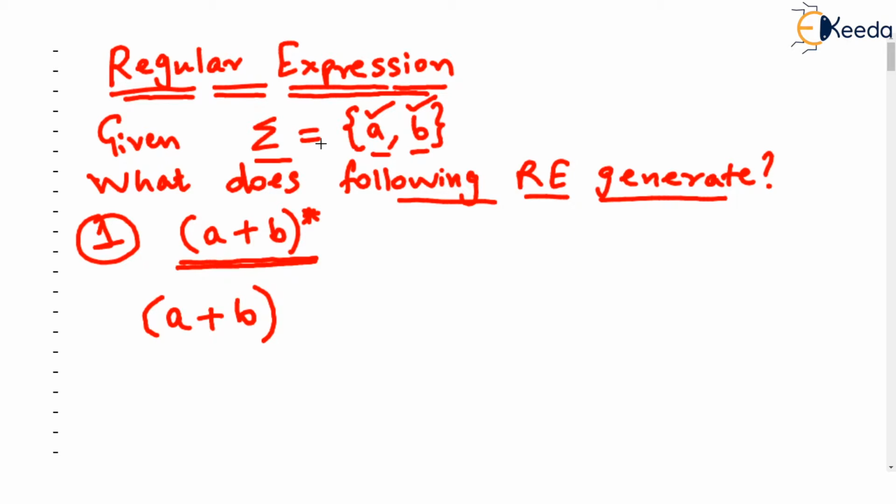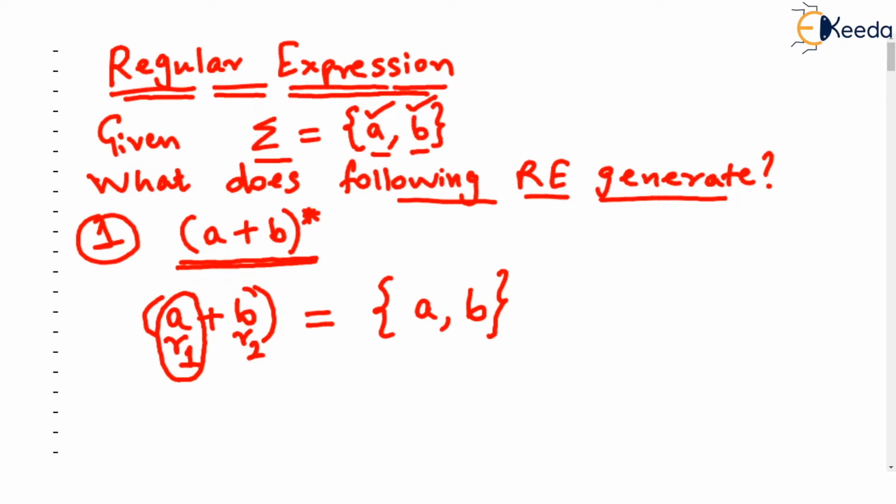Now from our second video on regular expression, we know that a + b actually generates a language which is {a, b}. Why? Because if you say this portion a is R1, this is a regular expression, and b is R2, this is another regular expression.